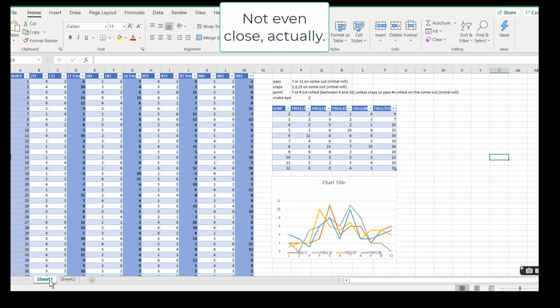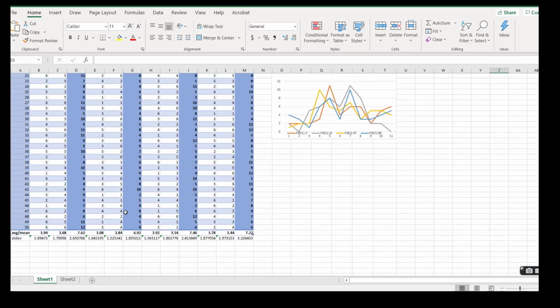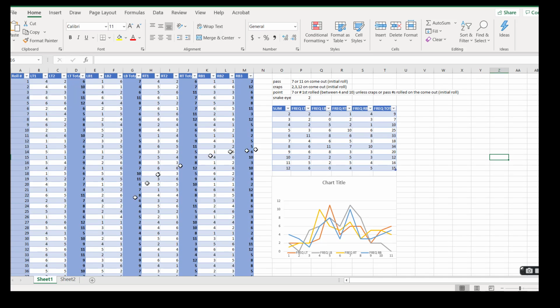However, I thought, well, what about how many times a number will show up per type of throw? So obviously with these 25 that turned into 50 dice rolls, I did the frequency of each. Now the formula for that is COUNTIF, and then your column, and then the number 2.